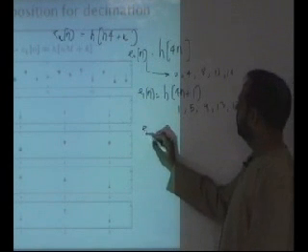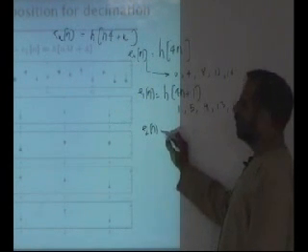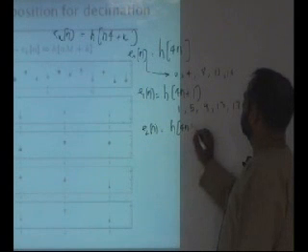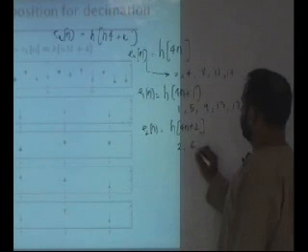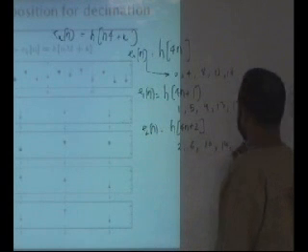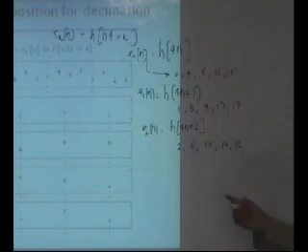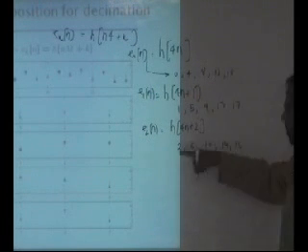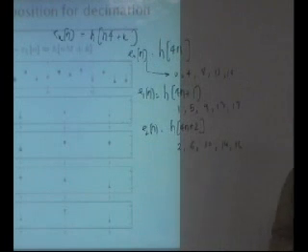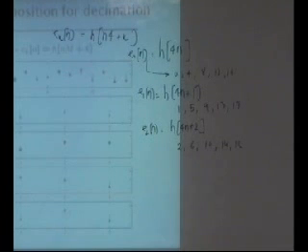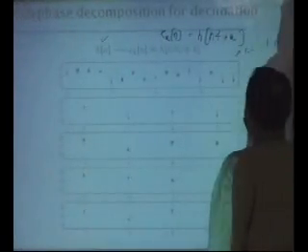Similarly, E2 of n will get 2, 6, 10, 14, 18, and similarly 3, 7, 11. So this is the mathematical equation which helps you to disintegrate the filter. You design a filter, you disintegrate it into 4 polyphase filters. These are called polyphase filters.